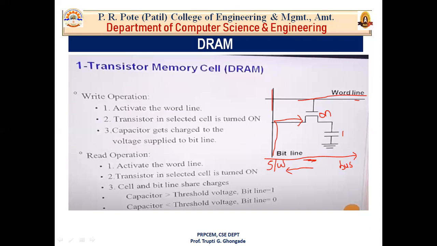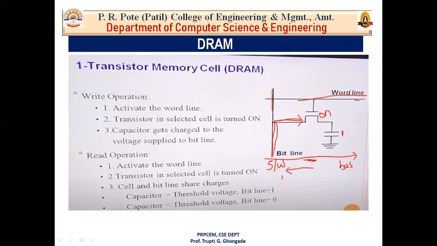For example, we have to write 1 from the system bus. The input line gives this information to the sensor write circuit, from the sensor write circuit it goes to the bit line, and from the bit line it goes to the cell. Since this transistor is on, this information is stored in the capacitor as 1.